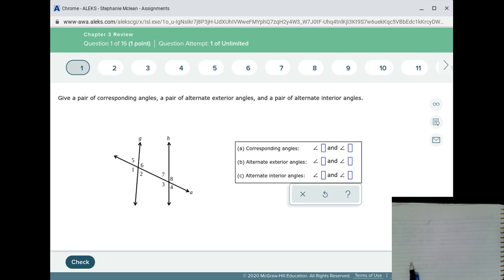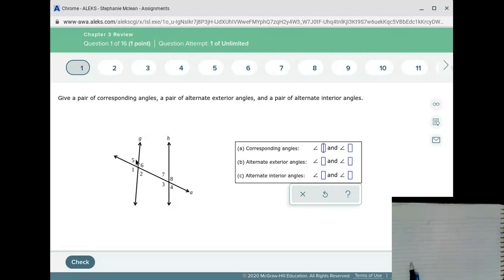All right, so the first problem is: give a pair of corresponding angles, a pair of alternate exterior angles, and a pair of alternate interior angles. Part A says corresponding angles. Corresponding angles are angles that, when you put the lines on top of each other, lie in the same spot.